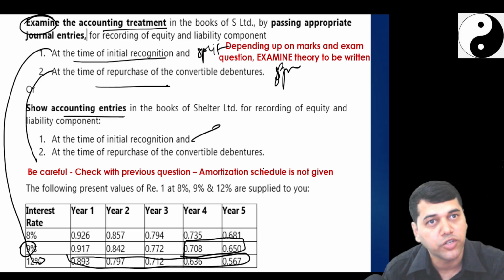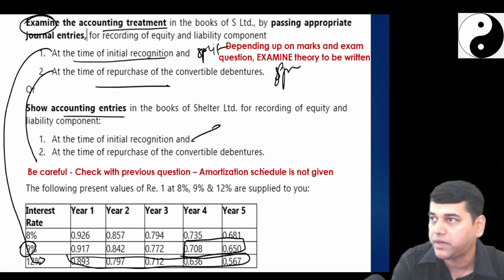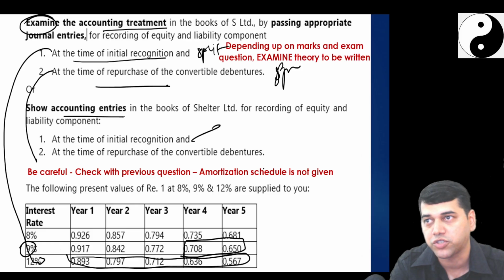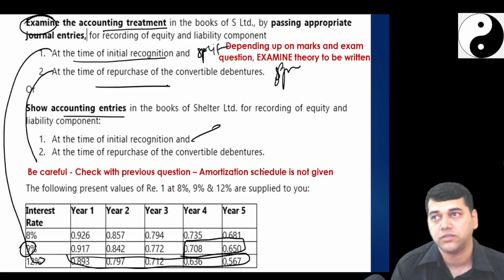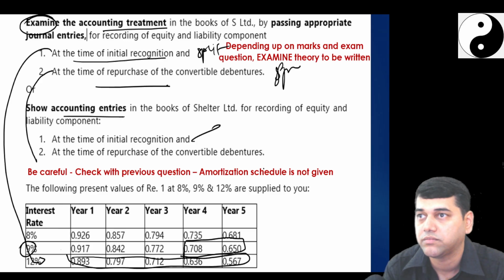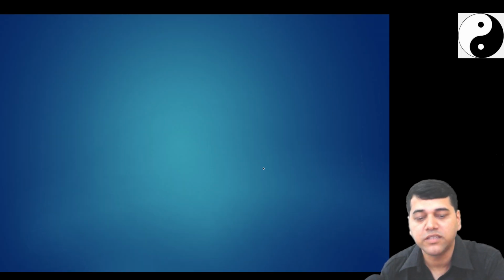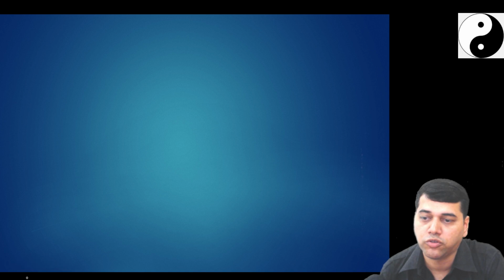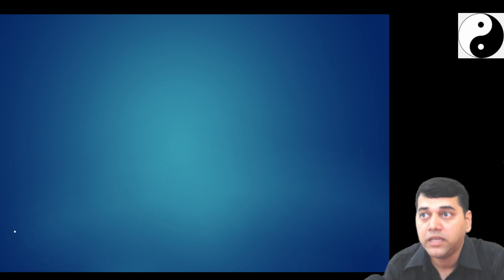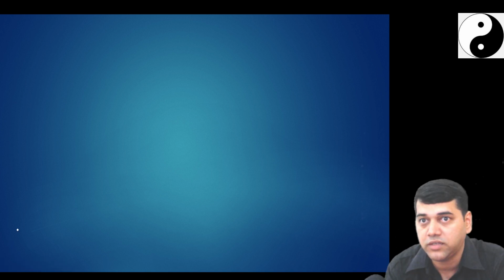Oh, this is a compound instrument because there are 2 streams of payment, the principal and interest portion, and there is one conversion option. That's why this is a compound instrument. Straight away we'll start with the calculation. Are you clear now, students? In this solution there is no theory, that's why I'm not writing theory. In the exam, be careful. Look at the marks and write the theory which we have written previously.